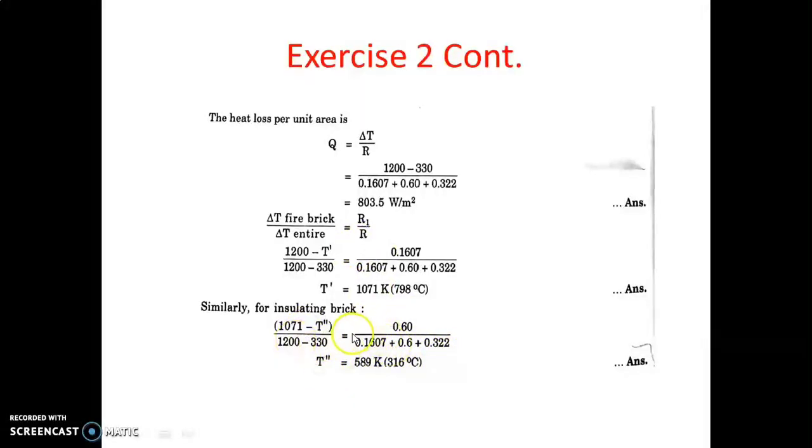So again we can solve this equation and calculate T double dash, which is the second junction temperature. So these three answers are obtained from these equations.